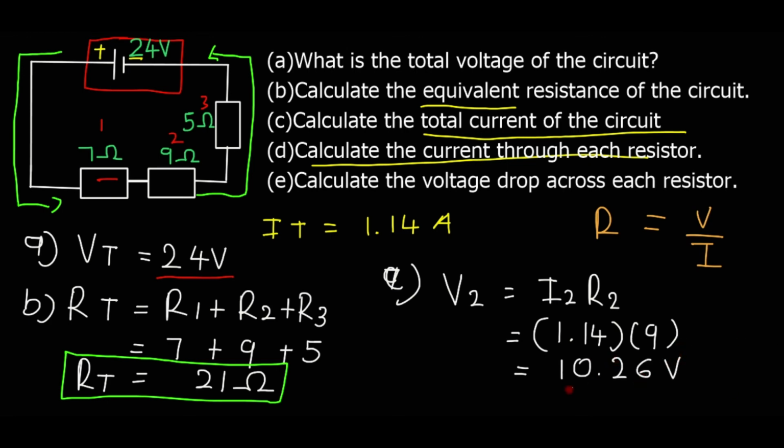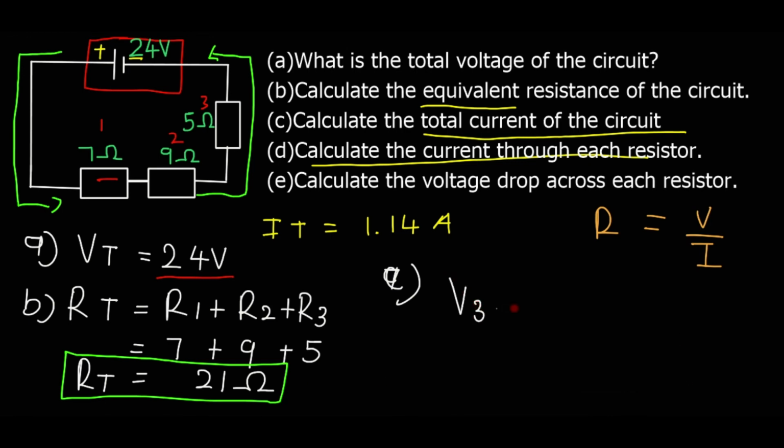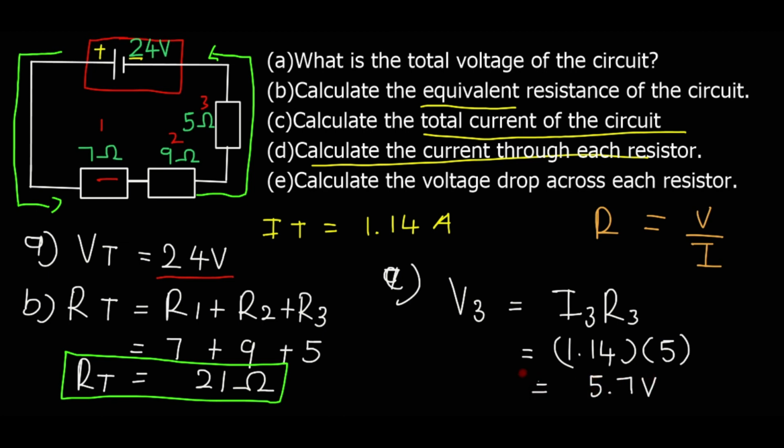So this is our answer. And then let's look at V3. We will do the same thing. V3 is equal to I3 times R3, then 1.14 times 5, and the answer is 5.7 volts. So this is our final answer.